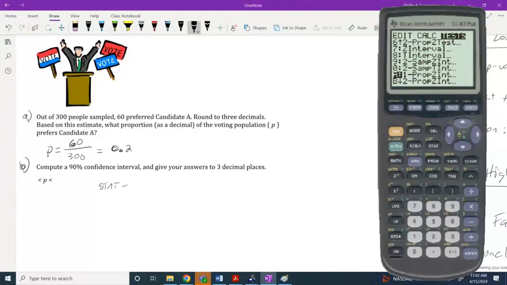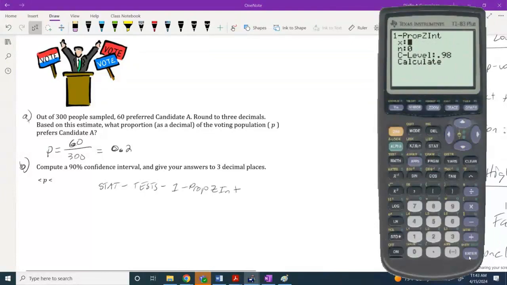So we did stat, test, 1 proportion z interval. Okay, I was thinking about the hypothesis test. So now if I click enter, it should ask for something a little bit different.